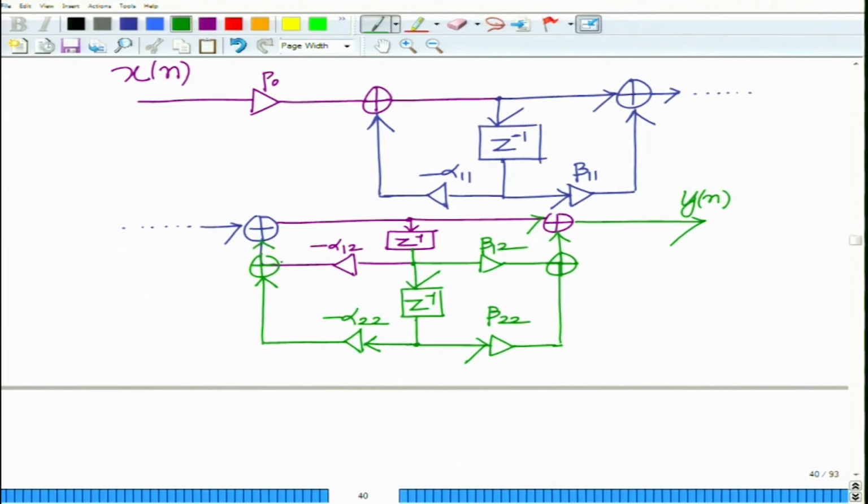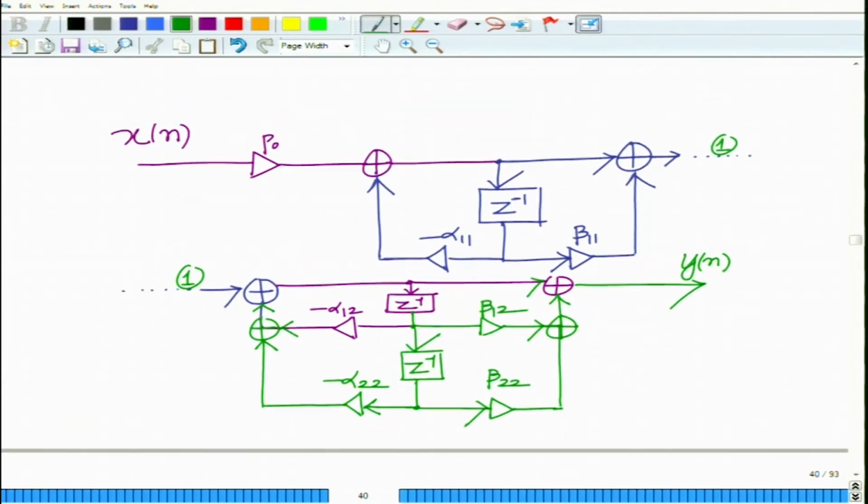The gains are minus alpha 1 2, beta 1 2, minus alpha 2 2, beta 2 2, and let us denote this point as 1, just to indicate that it is continuing. Basically this is the first order term, remember.